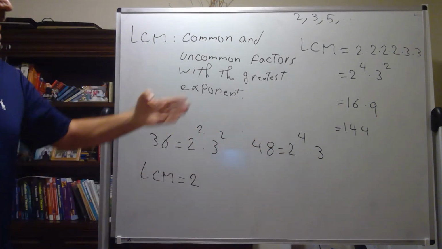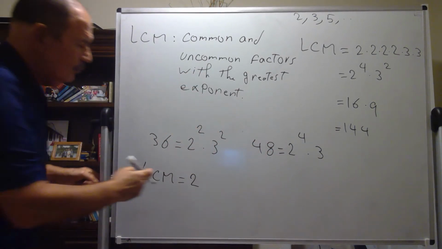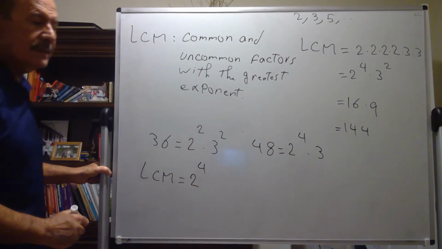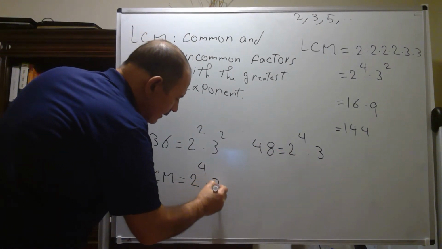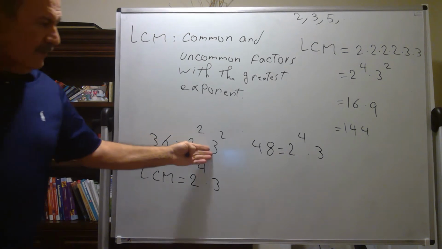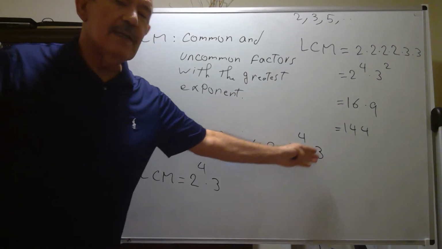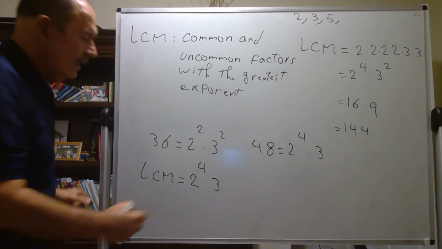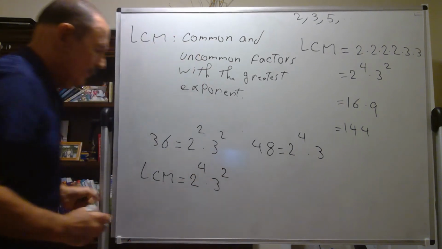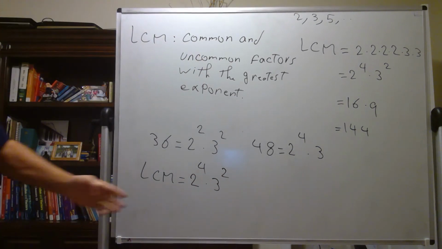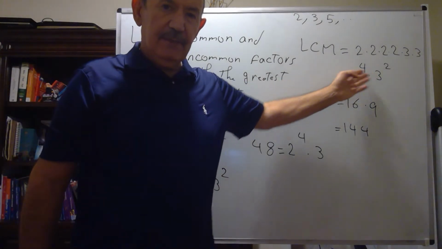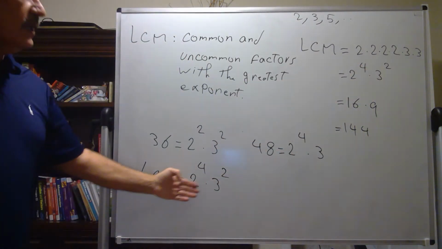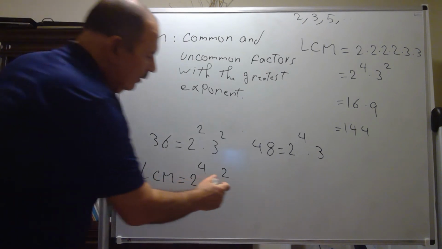So we select the greatest exponent: 2 to the power of 4 is the greatest. 3 and 3 again are common factors. This one, the exponent is 2, this one the exponent is 1. So we select the greater exponent. So the LCM is 2 to the power of 4 times 3 to the power of 2. Can you see? We found it with the other method as well, which again ends up as 144.